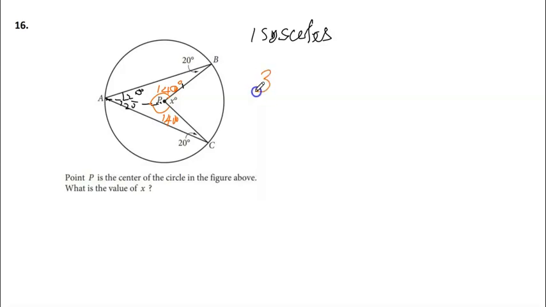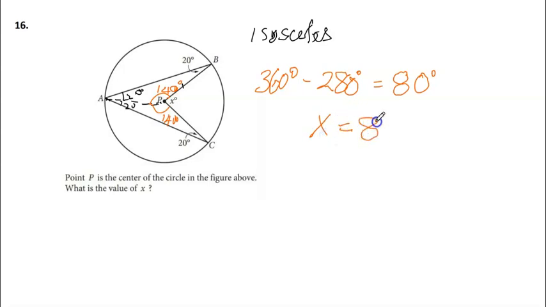So we have 360 degrees, which is the total, minus 280 degrees. That will give us 80 degrees. So our x is equal to 80 degrees, right?